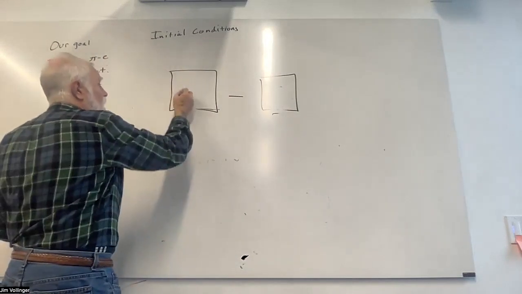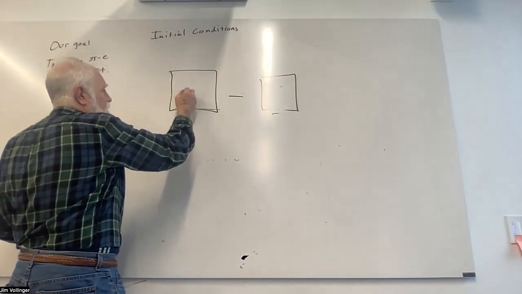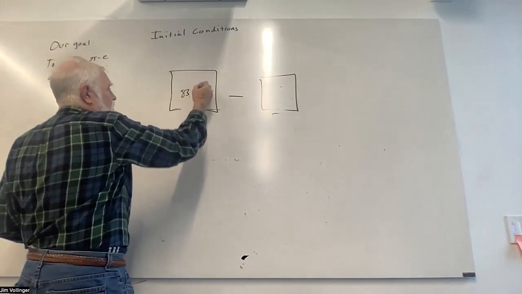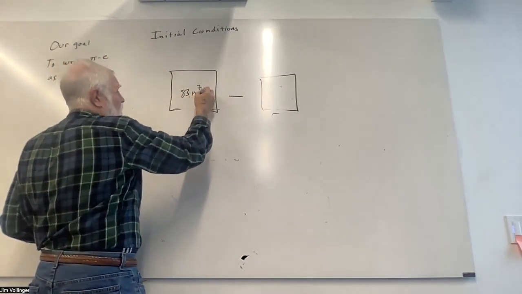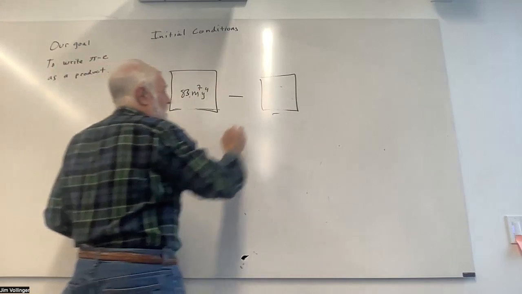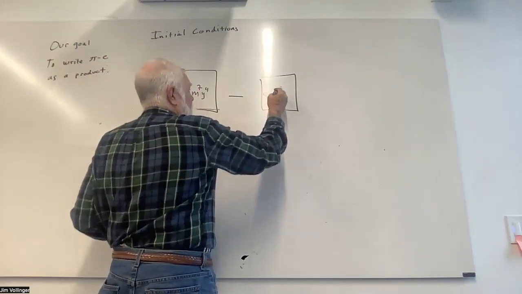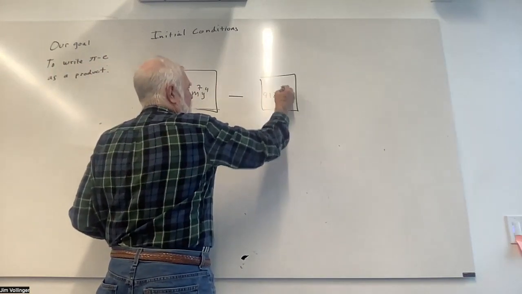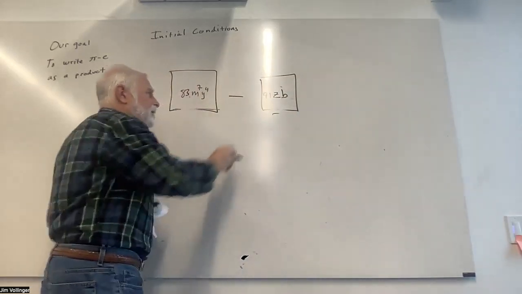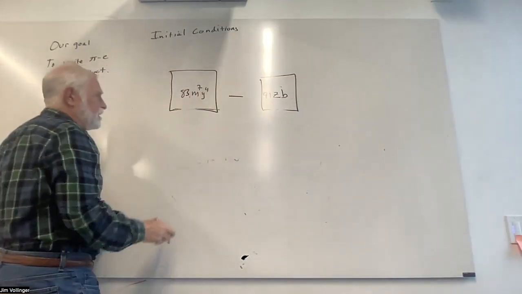Let's put 83 m to the 7th y to the 4th, minus 91 ZB. So what is your answer?